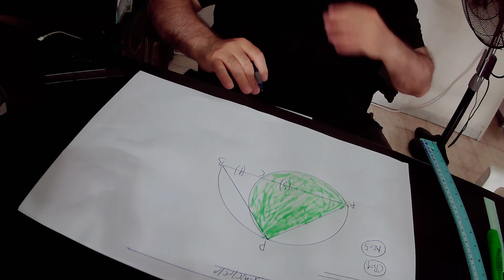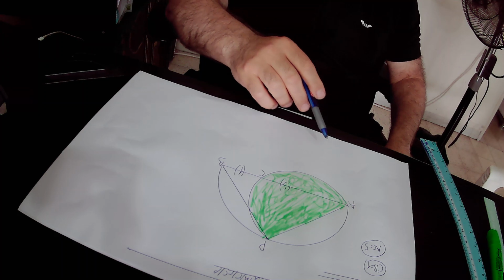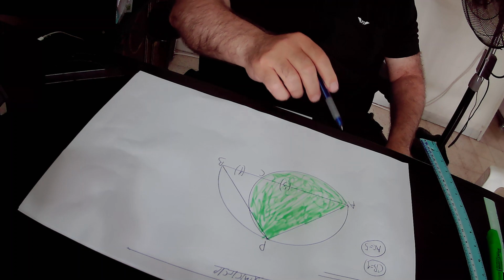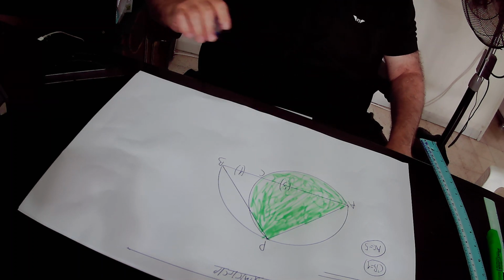So in the next step, I'll copy the white semicircle and we'll implement rule 7 on the white semicircle.